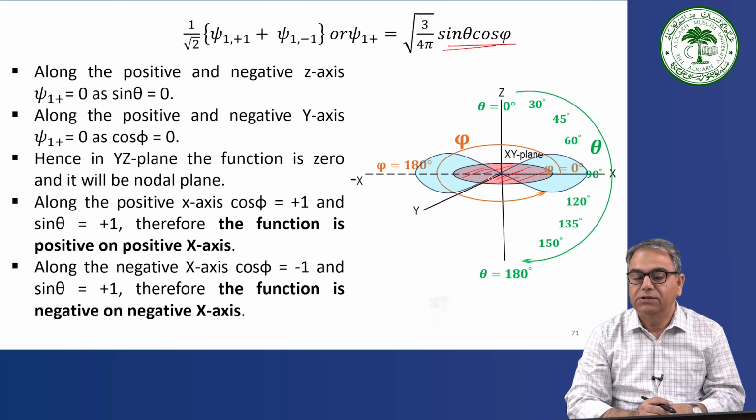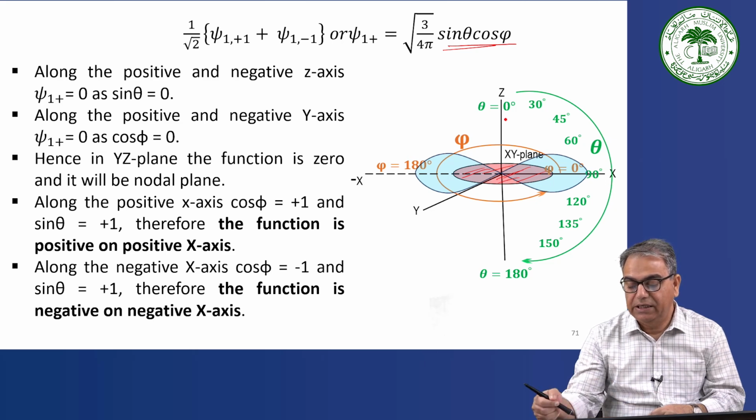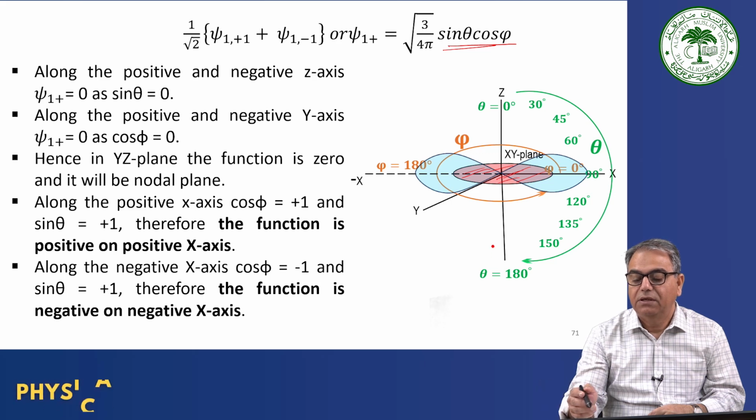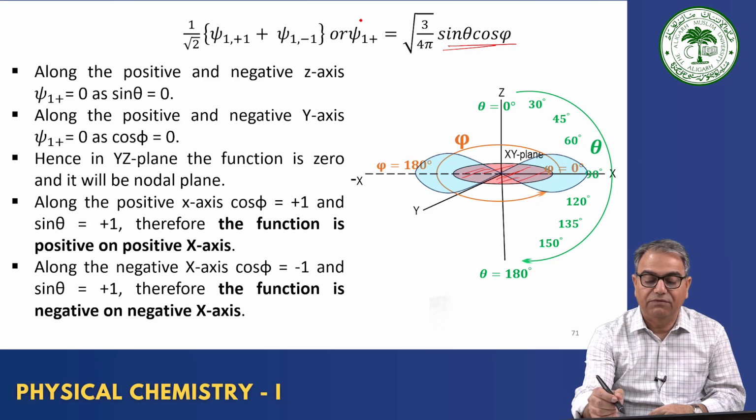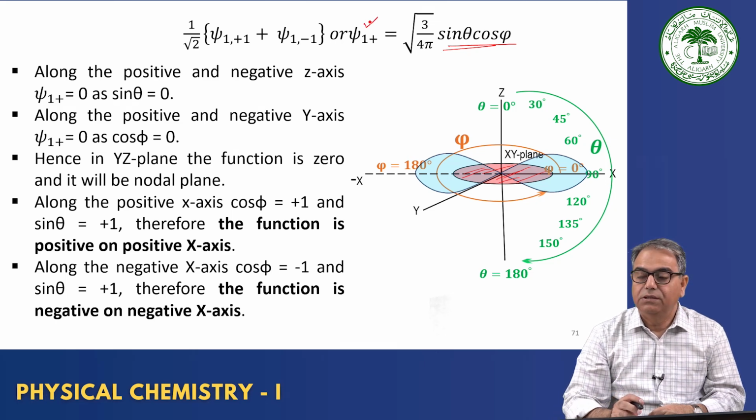Theta is 0 on the positive axis and 180 on the negative axis, so sin theta will be 0. Sin 0 is 0, sin pi is also 0. It means the function will be 0.